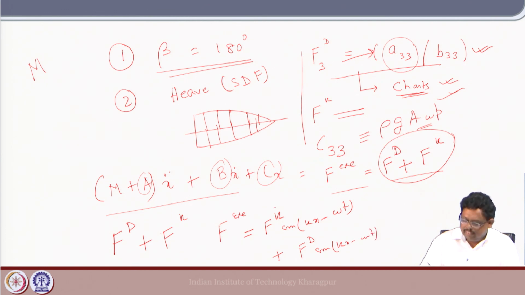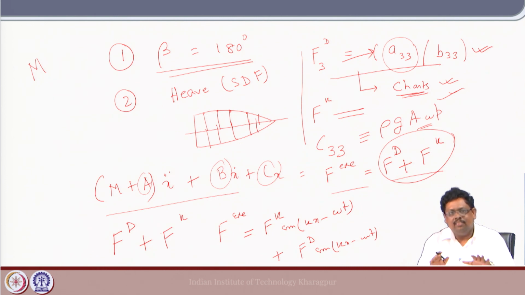Okay. So, it is not very accurate, but what I wanted is that you use this, and then at least you write a code finally for the motion of the body.